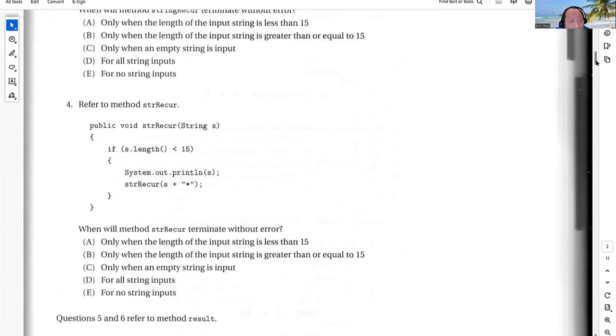So how about number 4? Go back to Benjamin. What happened to this one? When will it terminate without error? Okay, let's try bigger than 15. What happened?